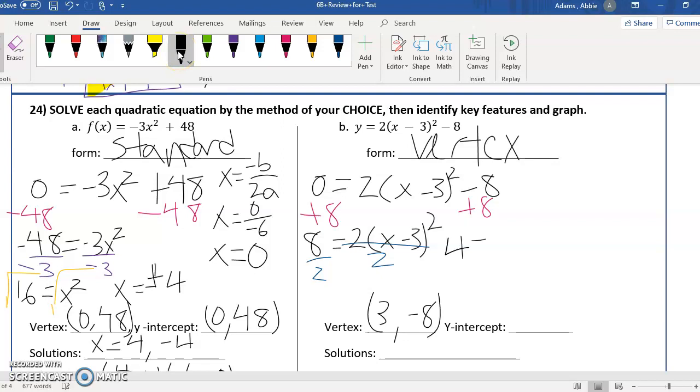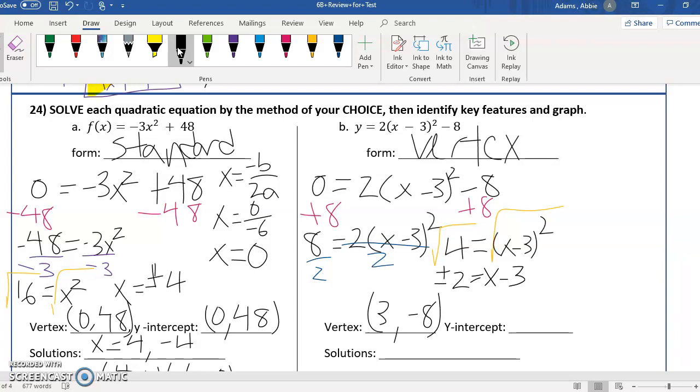So I have 4 equals (x minus 3) squared. So now I'm going to take the square root of both sides. The square root of 4 and the square root of (x minus 3) squared. The square root of 4 is going to give us plus or minus 2. And that's going to equal x minus 3.